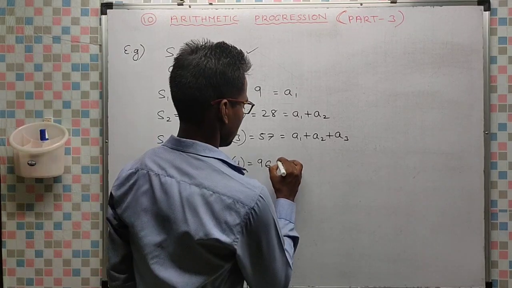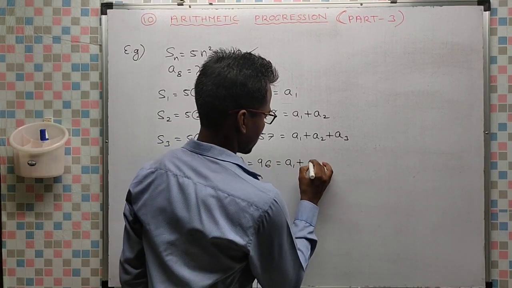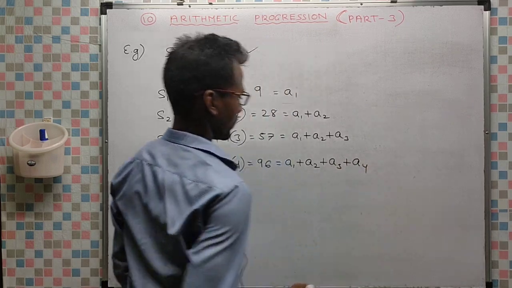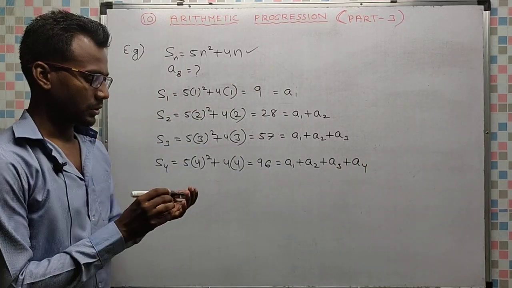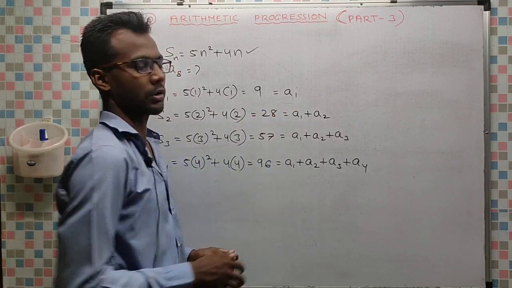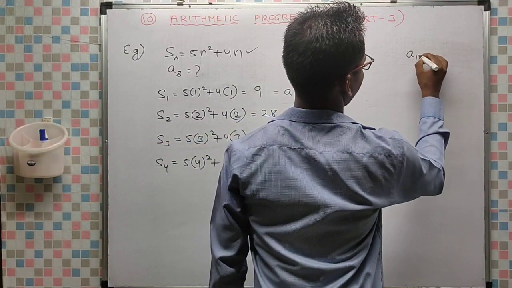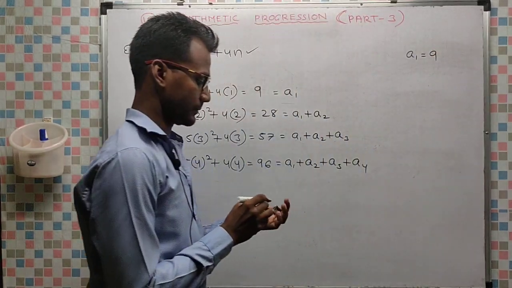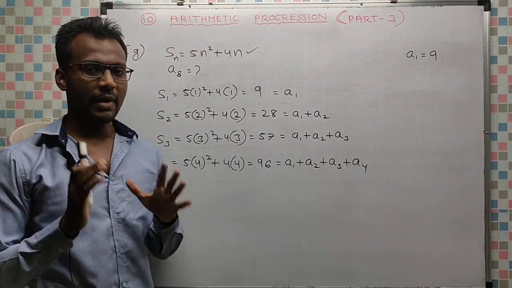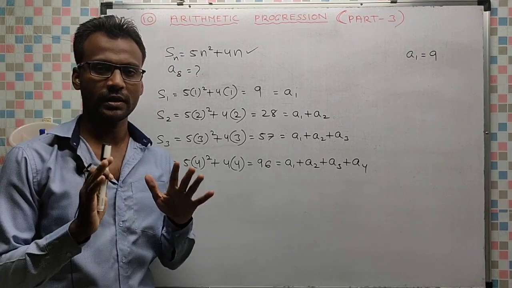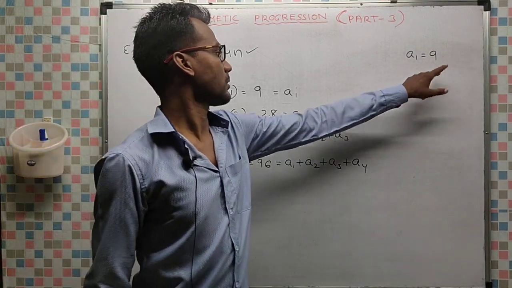What is S4? A1 plus A2 plus A3 plus A4. This you have to understand. So from here we get A1 is equal to 9. My target is to find the terms. This sum is not helpful to me. I want to find the terms. A1 is equal to 9.